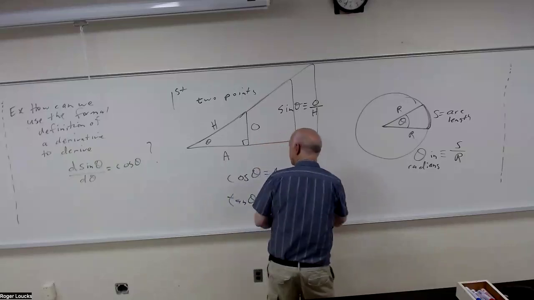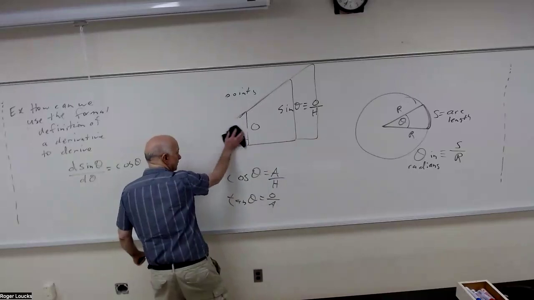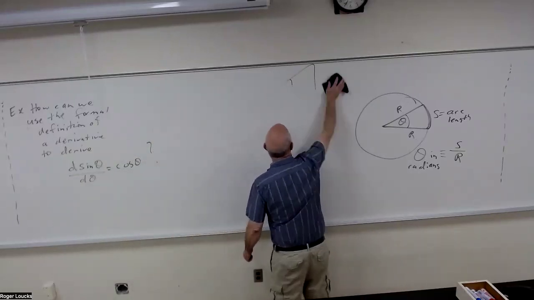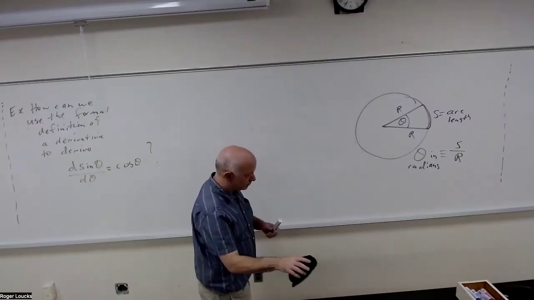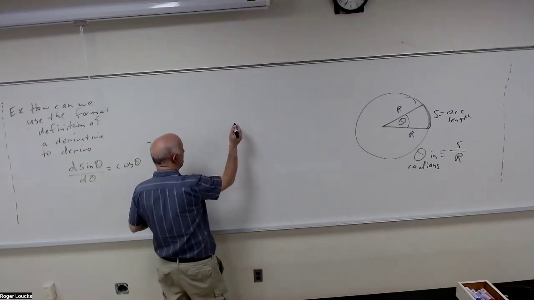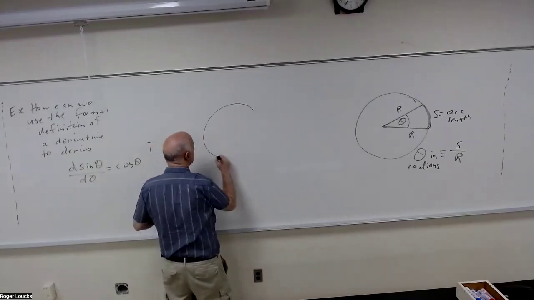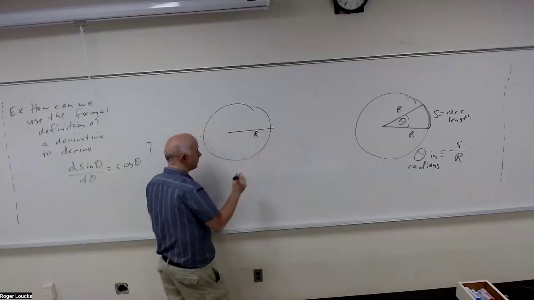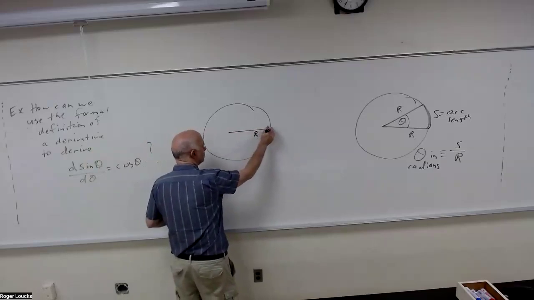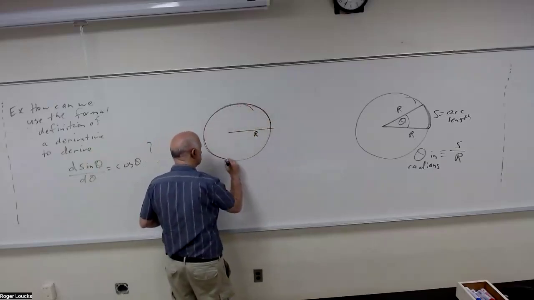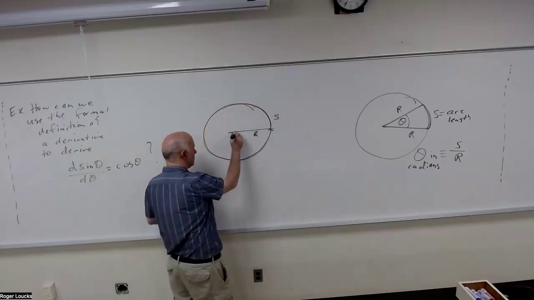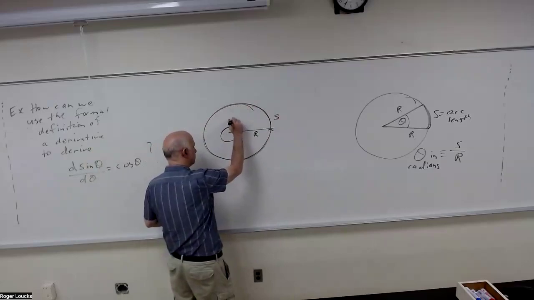Okay, let's draw this. Okay, so what do we have here? Circle. Here's R. If I go all the way around here, let's say that's my S. So that means that this whole angle here is theta.